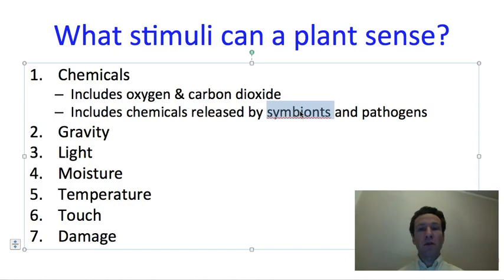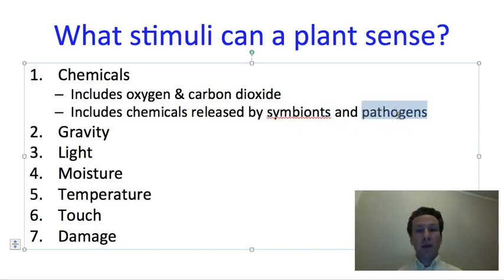These also could include nitrogen-fixing bacteria, which we talked about provide a source of fixed nitrogen for the plants in exchange for carbohydrates. So in both of those cases, it's likely that the fungus or the bacteria will release chemicals into the soil, and that will be part of how the plant knows that they are there, so it then can make changes to allow them to connect.